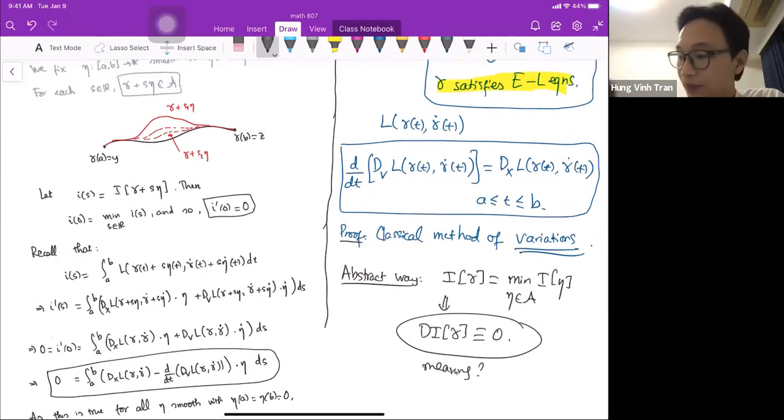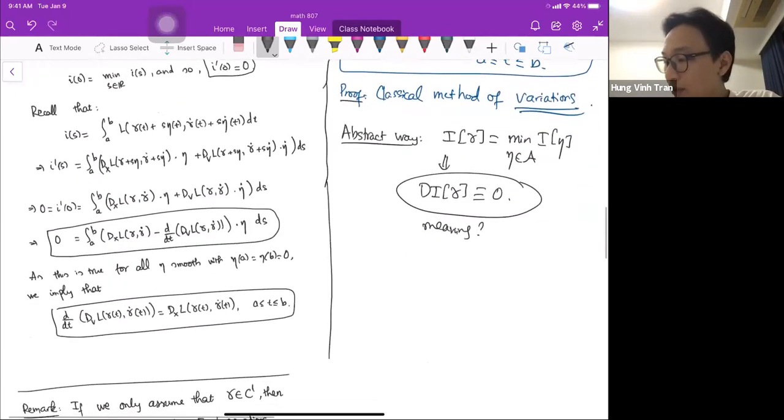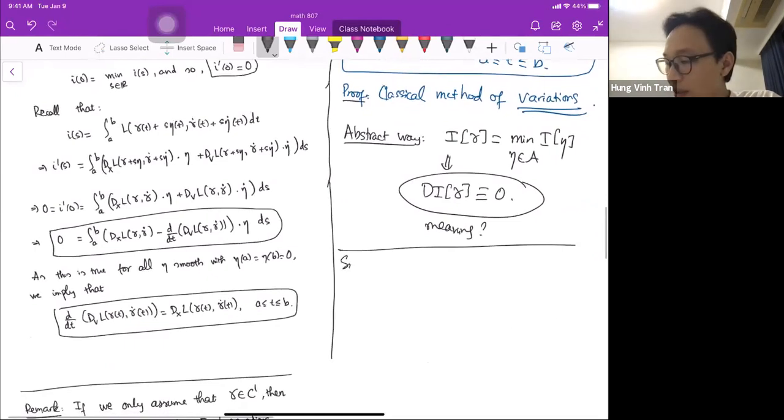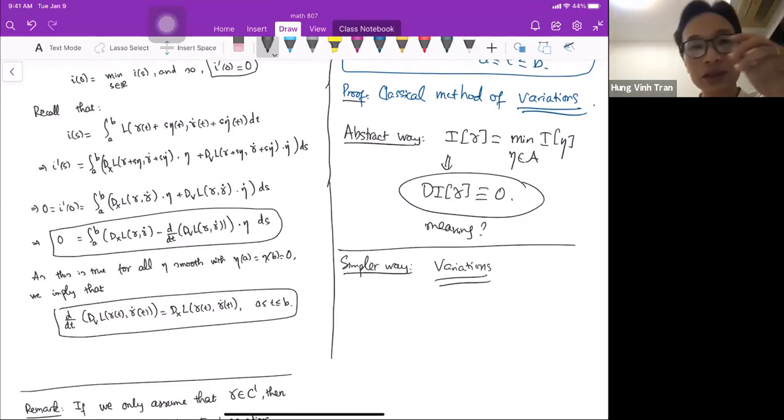On the other hand, you can view the problems in a simpler way. Instead of thinking about the abstract derivatives, if you do variation techniques, it's going to give you back a normal problem, just maps from R to R.